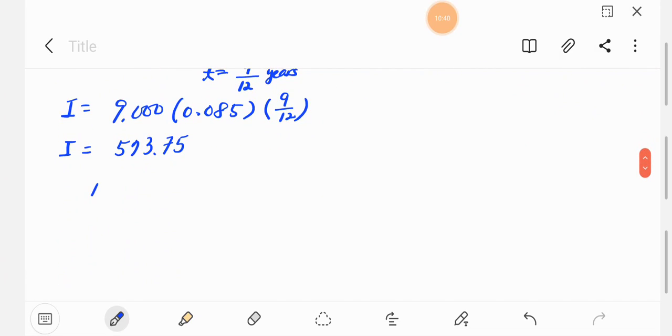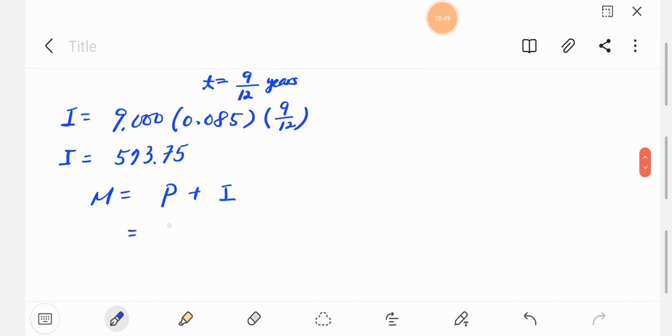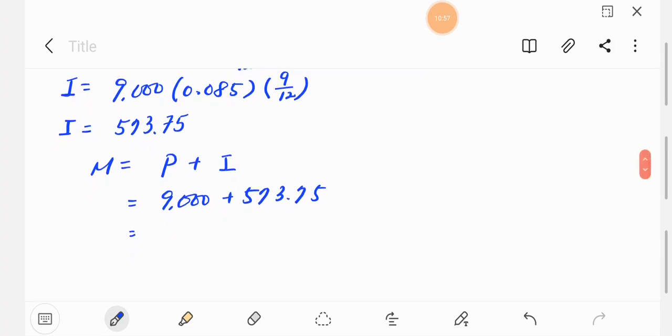So the maturity value is principal plus the interest. You can add these two numbers. The principal is $9,000 and the interest is 573.75. So the sum is 9,573.75.